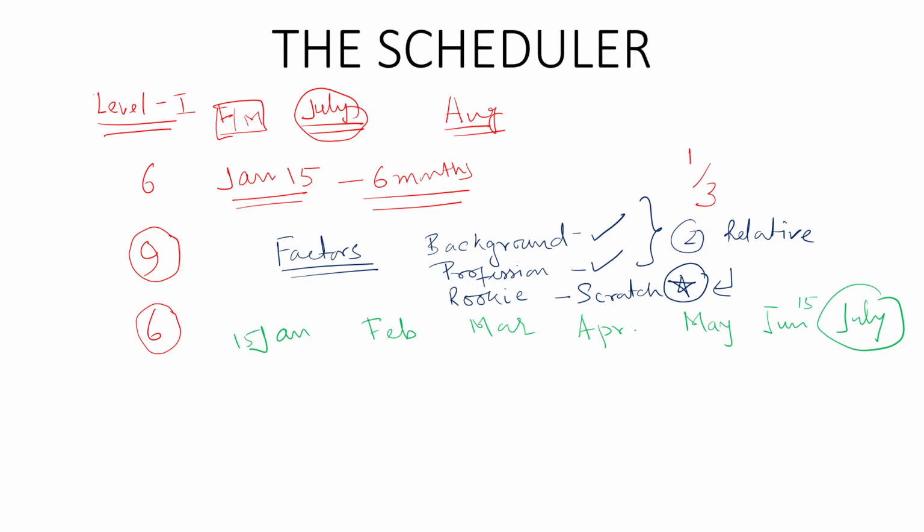Typically, what I would suggest is that you should gear yourself up to prepare the whole syllabus within this 2 months period, which is basically 1/3 of the total time.